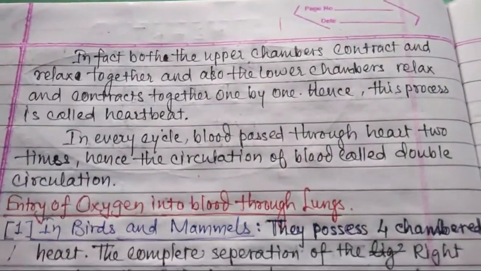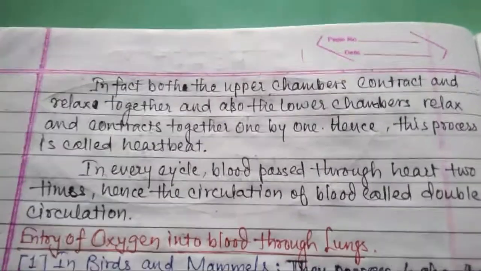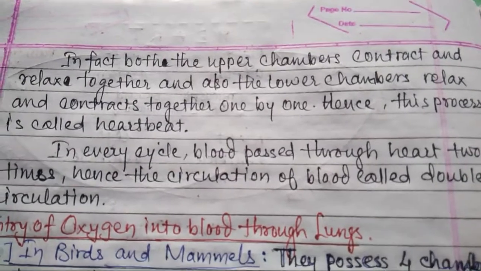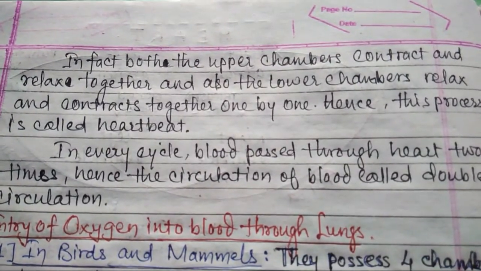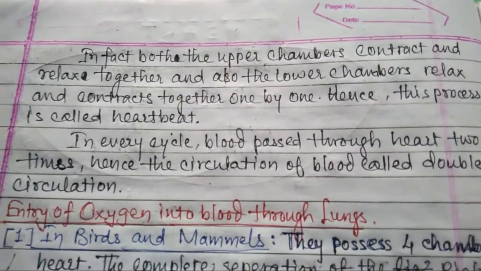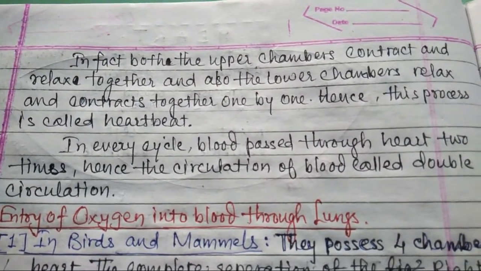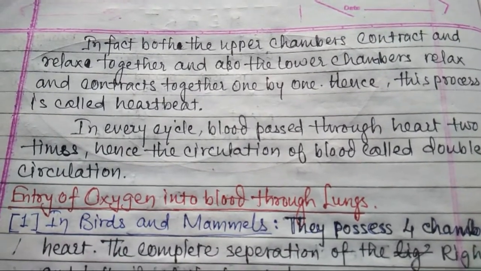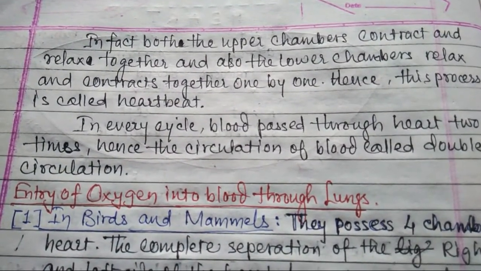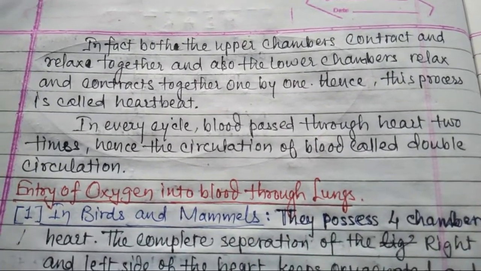Here it is very important. Both the upper chambers contract and relax together, and the lower chambers also contract and relax together, one after the other. Hence, this process is called the heartbeat.